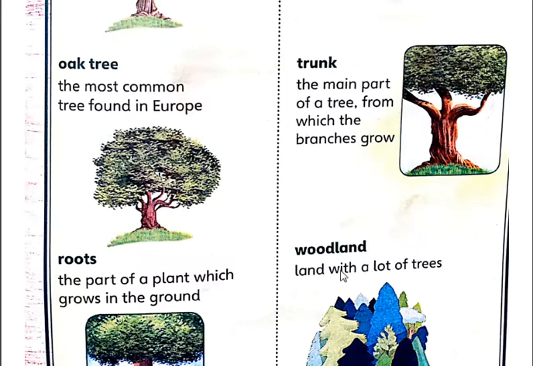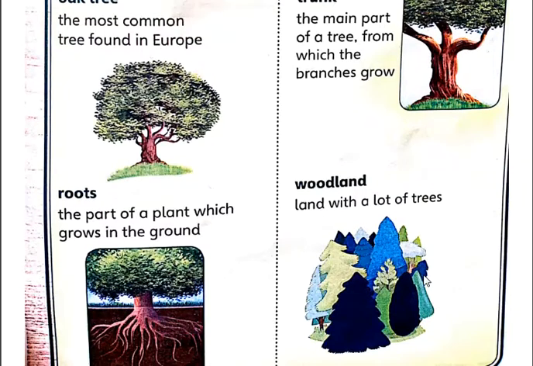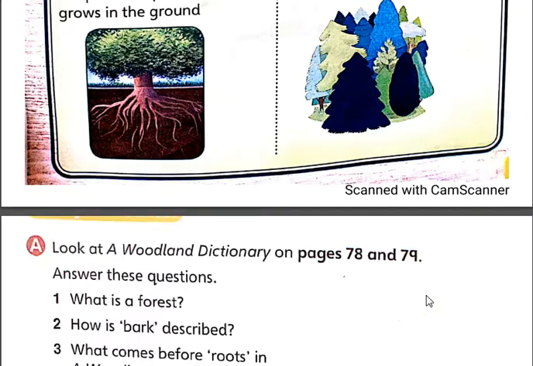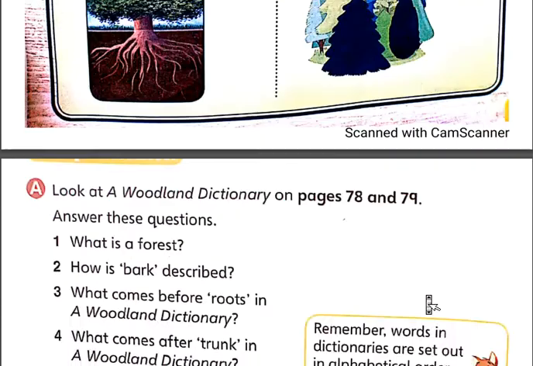Woodland. Again, what is a woodland? It is a land with a lot of trees. Now, I said full of woody trees and plants and forests and animals and a lot of things, but today we're talking about only plants. Okay, then we will go to the next page.